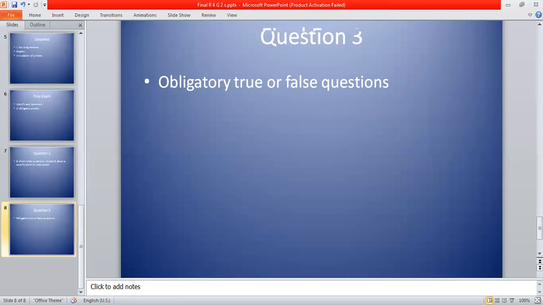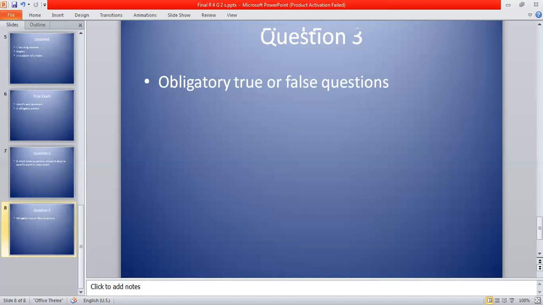Normally you are not asked to justify the true statements, and you will not lose any marks if you don't. You are only asked to justify or correct the mistakes in the false statements.